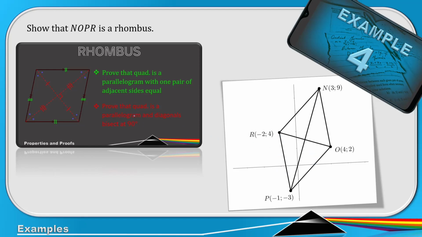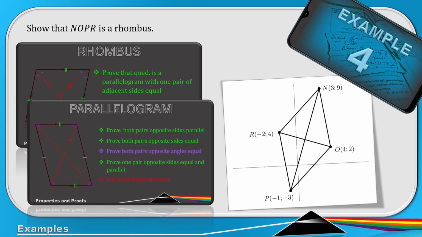And then the other, that the diagonals bisect at 90. All we need to do for that is just prove that the gradients, when we multiply them together, will give us -1. Now, what will we use when we prove the parallelogram for that case? I would say also any one, but we can focus on the diagonals.